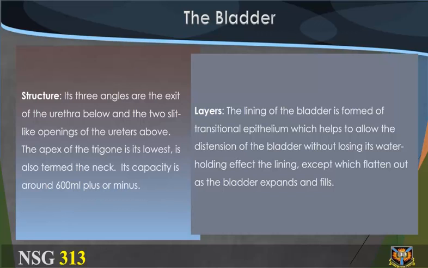Its capacity is around 600 ml, plus or minus. Layers. The lining of the bladder is formed of transitional epithelium, which allows the distension of the bladder without losing its water-holding effect. The cells flatten out as the bladder expands and fills.